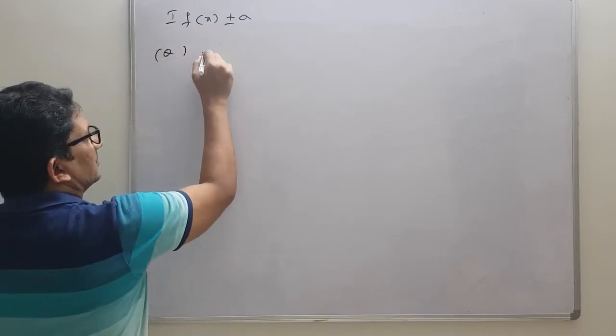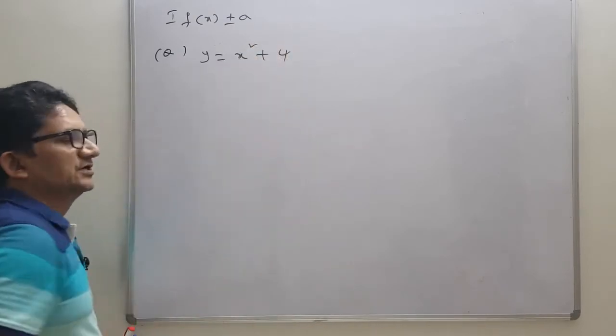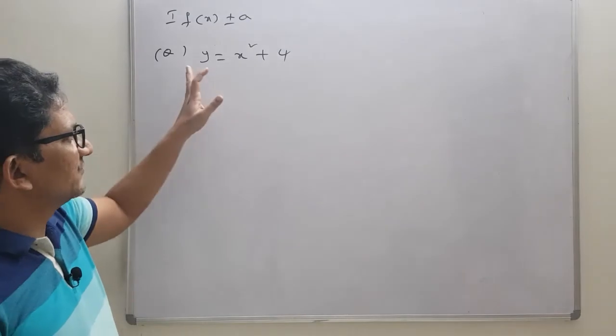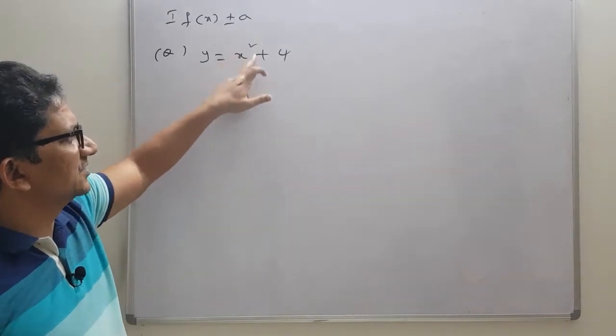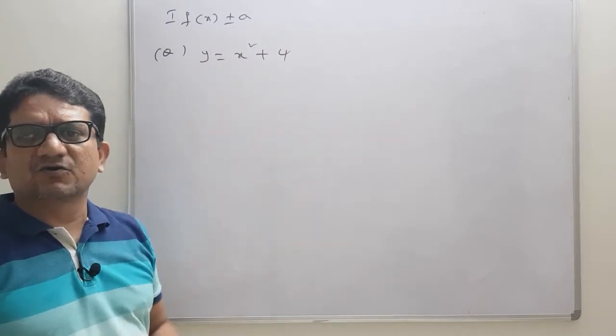Draw the graph of y equals x squared plus 4. First we need to identify the basic function. The basic function is y equals x squared, which is a parabola open upwards.